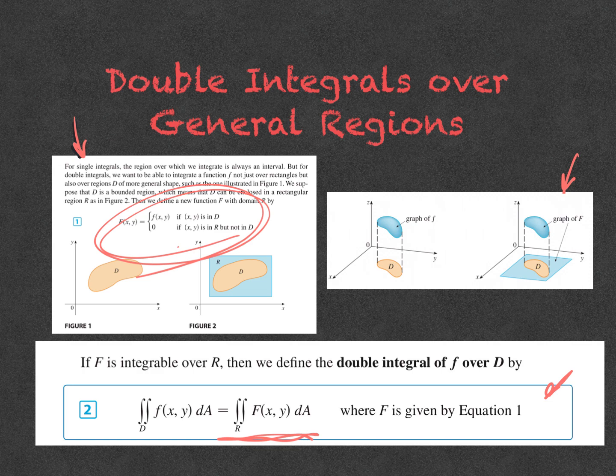Now we're going to look at that in terms of systems of equations. So let's continue on with type 1. In type 1, our boundaries are functions of x. This is going to feel a lot like area between curves in Calc 2.